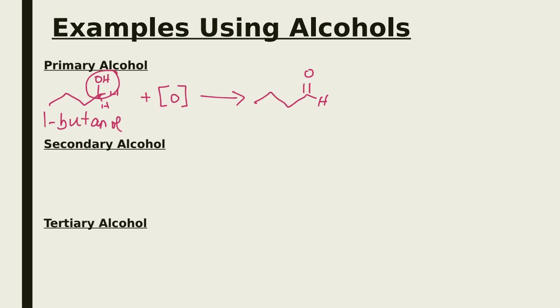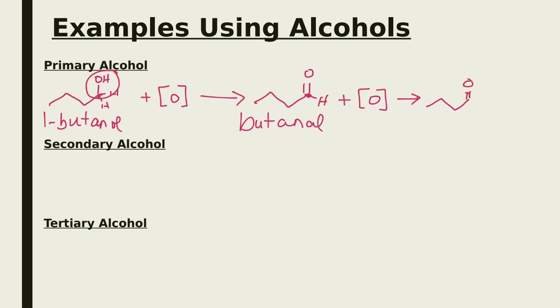So we go from 1-butanol to butanal, and then we can still oxidize this more, because around this carbon I still have an extra hydrogen. The definition of oxidation is that we make fewer carbon-hydrogen bonds and more carbon-oxygen bonds, so I can still do this. I'm going to add more oxidizing agent, and I will create an extra carbon-oxygen bond.